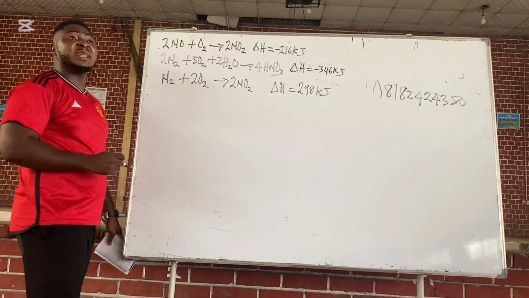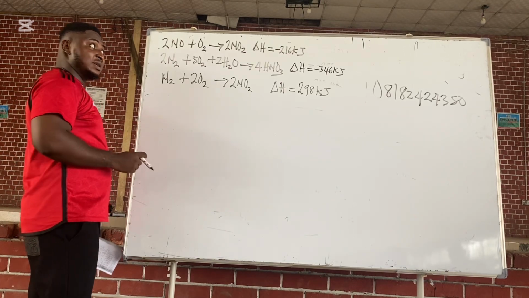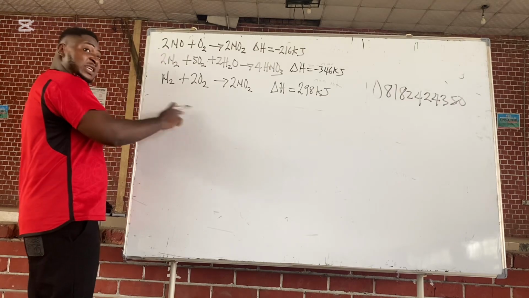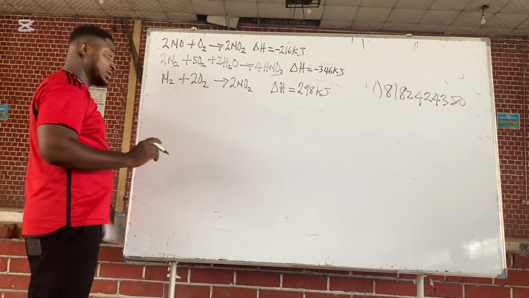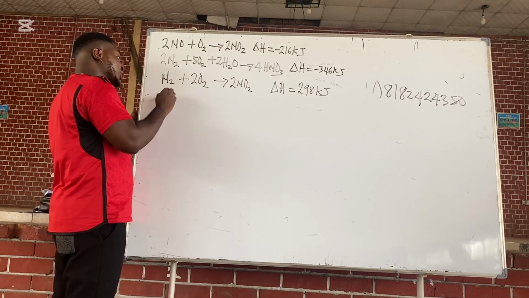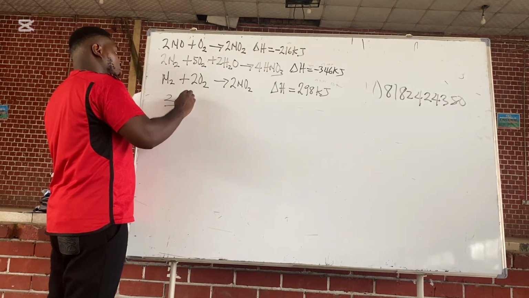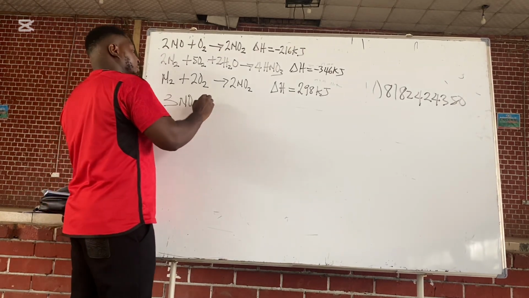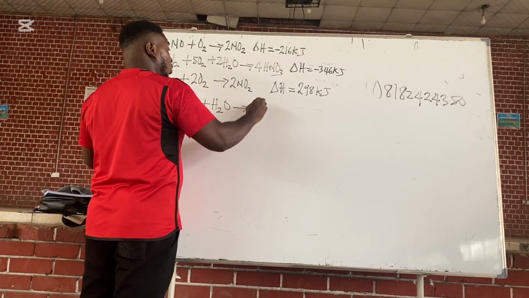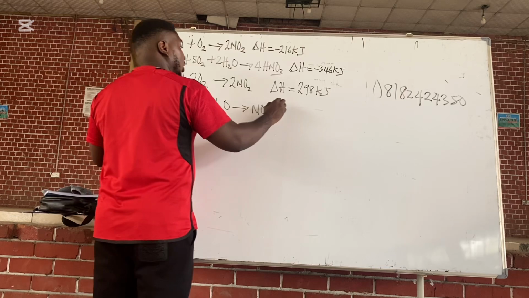Class, what do you expect them to give you next? They give you 3 equations and enthalpy changes. What do you expect next? A fourth equation, without an enthalpy. So, calculate the enthalpy change for the reaction below: 3NO2 plus H2O to give NO plus 2HNO3.